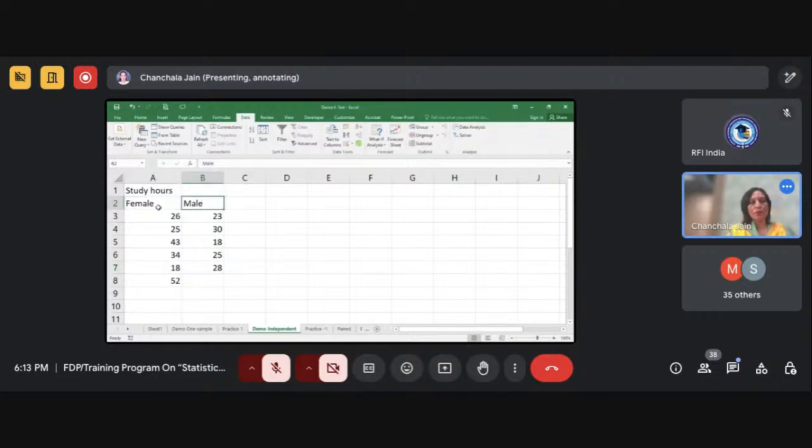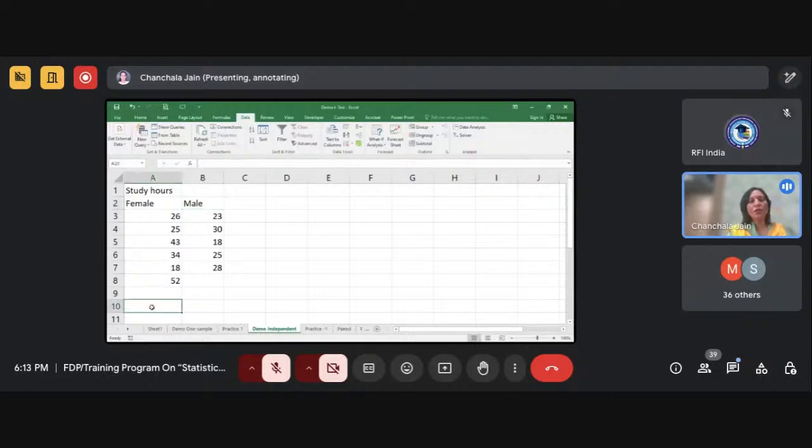How much time females are studying, maybe in a week or something, these hours are given. Similarly, for the male, the hours are given to us. The question is: I need to find whether the mean study hours are the same for both the groups or not. So the purpose is quite clear.